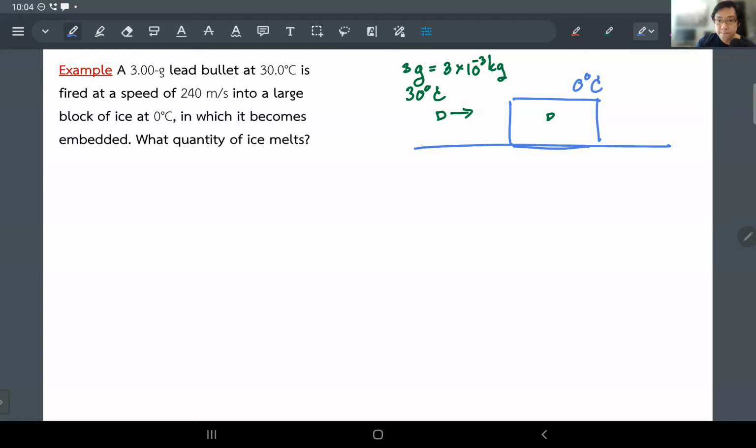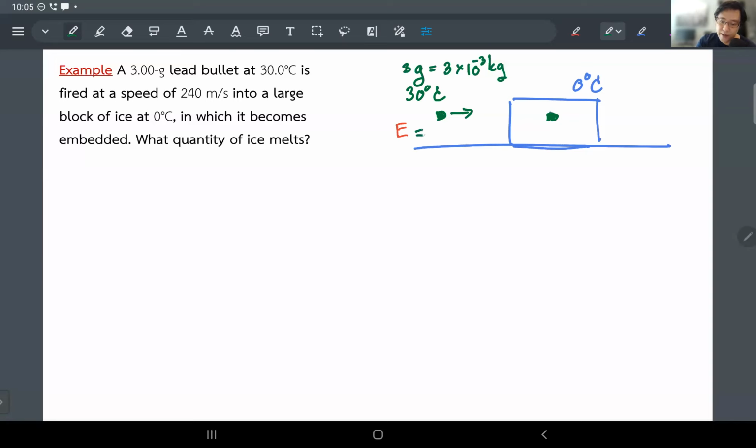All right, so what can we do? Once you fire this in, there must be heat going on. The reason is that at first there is the initial energy of the bullet. Does that make sense now? Then afterward, that energy is gone, because once the bullet stops moving, the kinetic energy disappears.